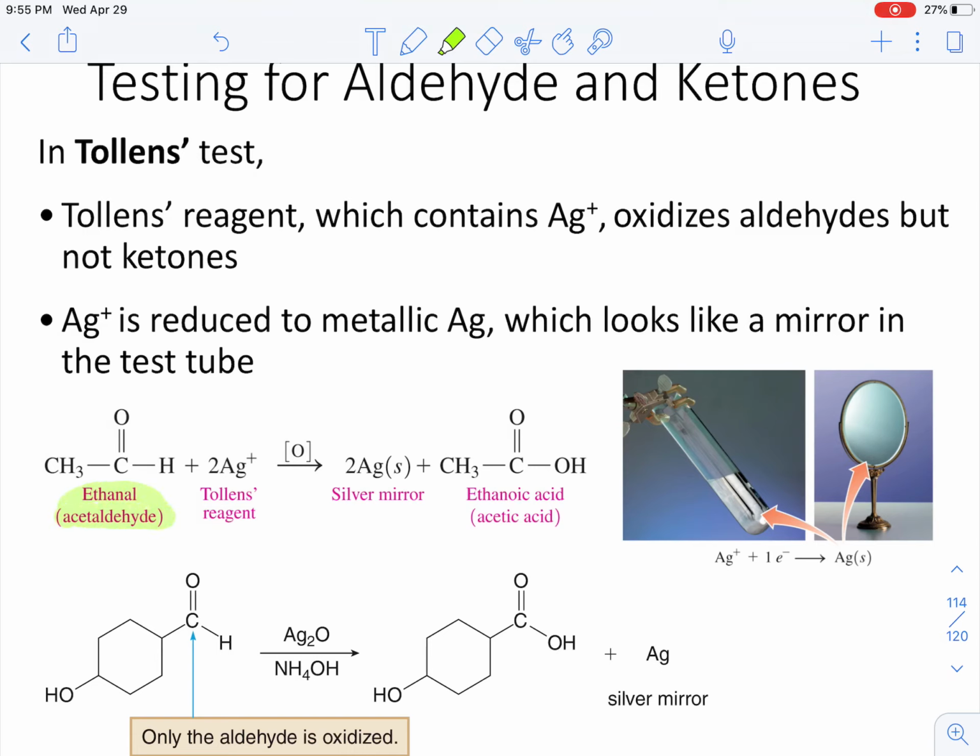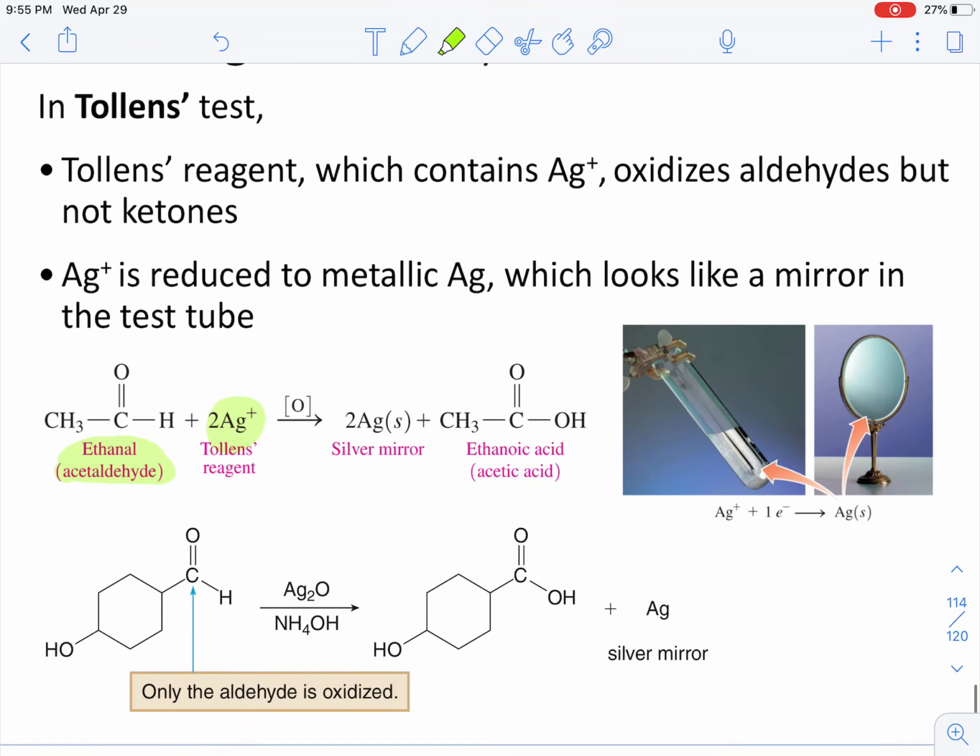If your mysterious solution just happens to contain an aldehyde, and you mix this aldehyde with Tollens reagent, and Tollens reagent is specifically this, an oxidation reaction will occur such that this aldehyde is going to be converted into a carboxylic acid.